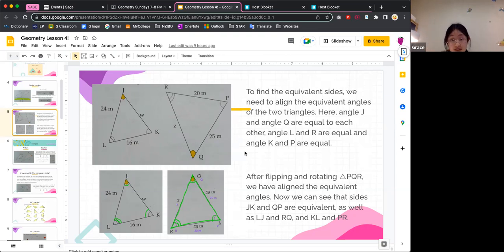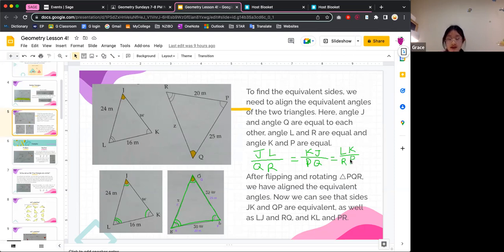This tells us that the ratio of JL to QR equals the ratio of PQ to LK and RP.